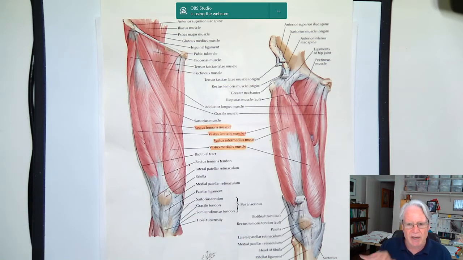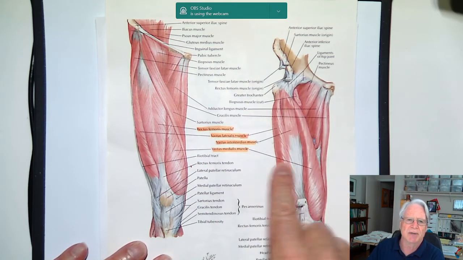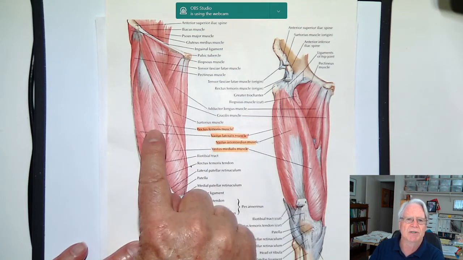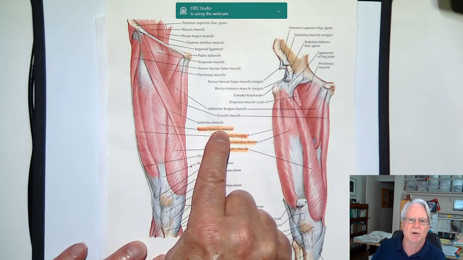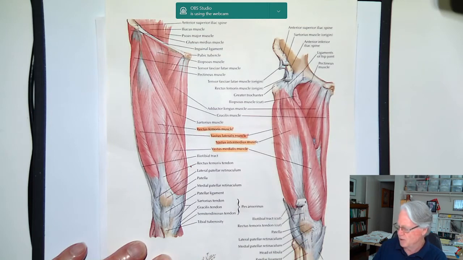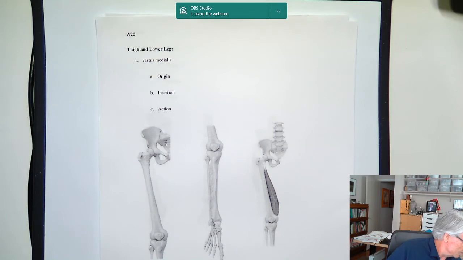That's why I wanted to show you the picture of all four of them together before we look at them individually. One of these is a bit difficult to identify, and that's vastus intermedius, which you can see right here, but it's sitting underneath this muscle. In this image, we remove the rectus femoris, and underneath it we find the vastus intermedius. Let's look at the same muscles using the textbook picture.